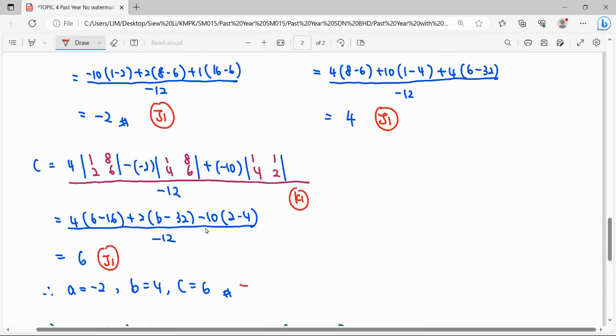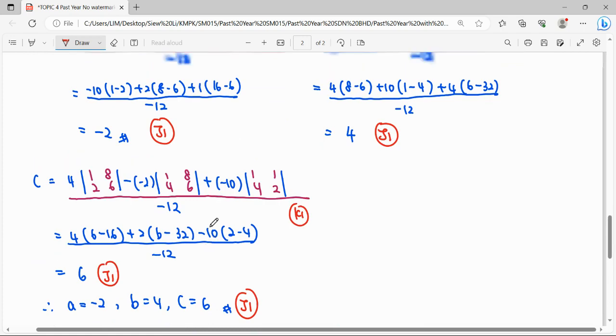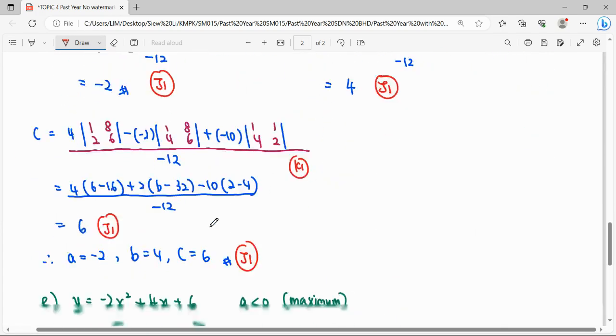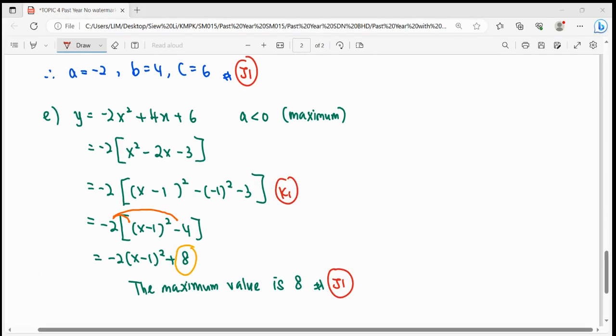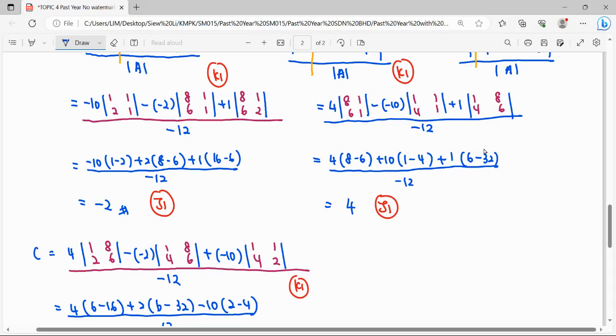So finally, state it. Lastly, we complete the square to find the maximum value. Okay, writing mistake here. This should be value of 1, not value of 4.